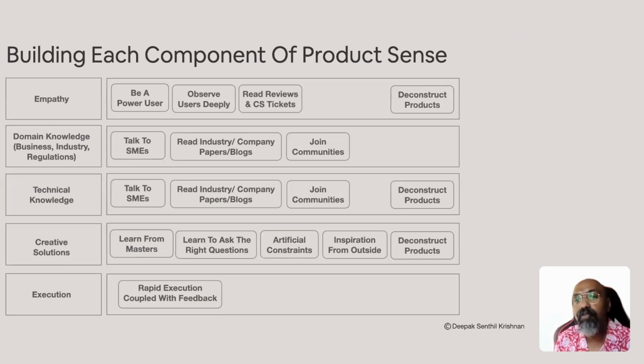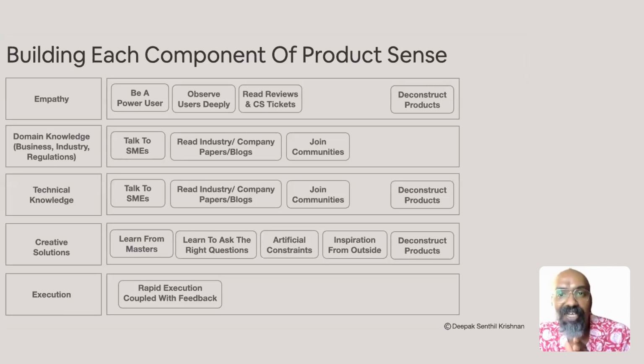So sometimes the best answers for identifying creative ways of solving problems can come from not looking within your industry, but from outside your industry as well. And lastly, if you couple it with execution, all of these things allow you to fast-track the pace at which, in the context of your industry, you know what works best and what doesn't.